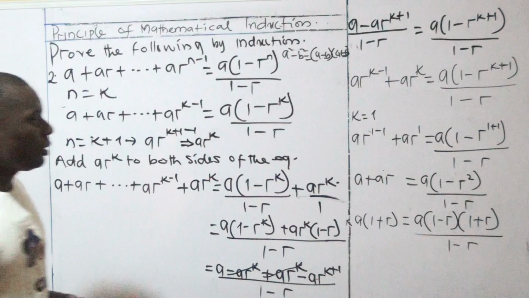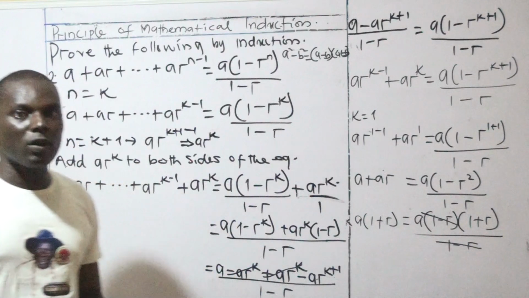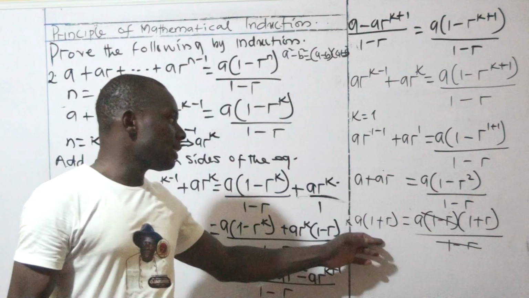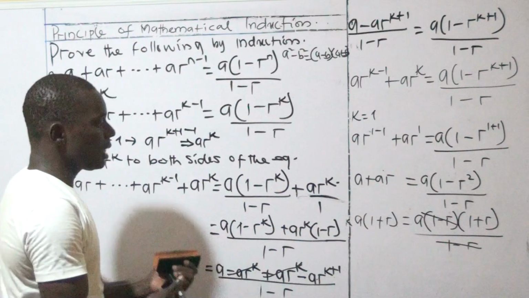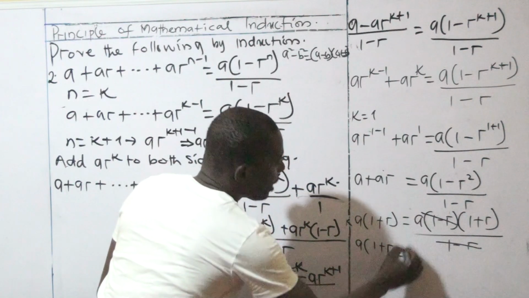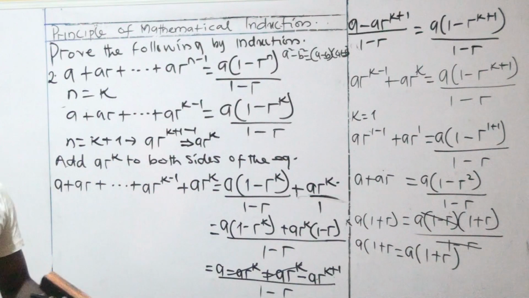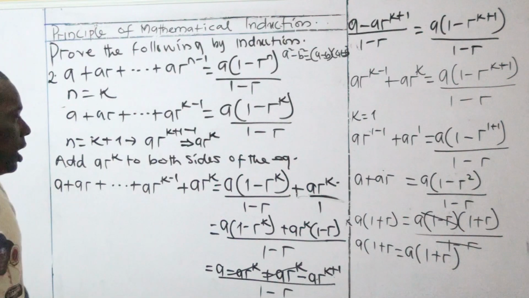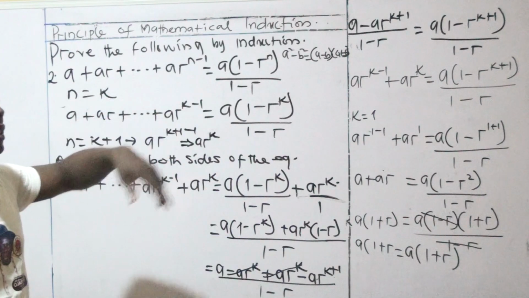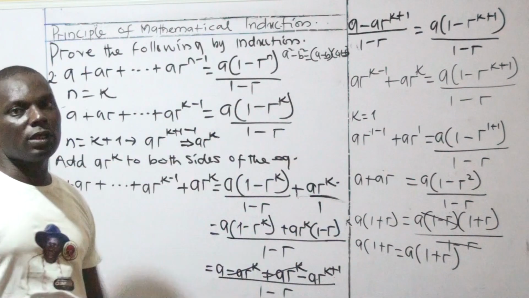Then you can see that this 1 minus r at the numerator and 1 minus r at the denominator go off. And it becomes very obvious that the left hand side and the right hand side are the same, because the term here is a open bracket 1 plus r, and the term here is also a bracket 1 plus r. So we are able to prove by induction that the sum of a geometric progression is equal to a open bracket 1 minus r raised to n close bracket all over 1 minus r.